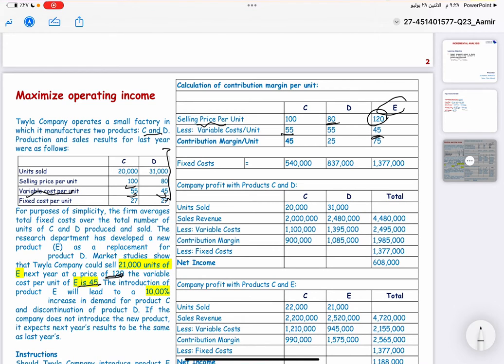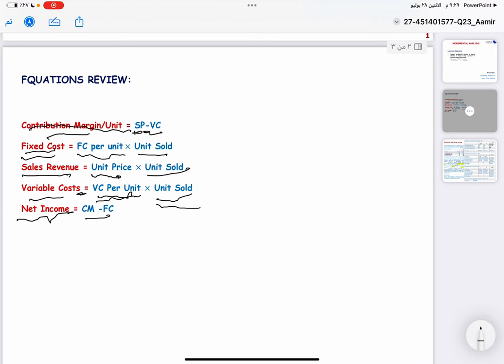And for contribution margin, we have to subtract the variable cost from the selling price. It equals 75 for E. Here it equals 25, and for C it equals 45. Okay, fixed cost, as we said before, equals fixed cost per unit times units sold.